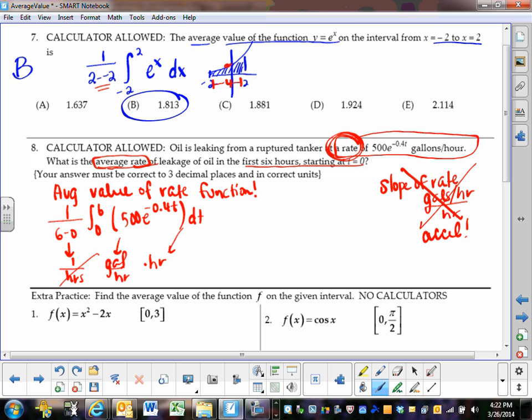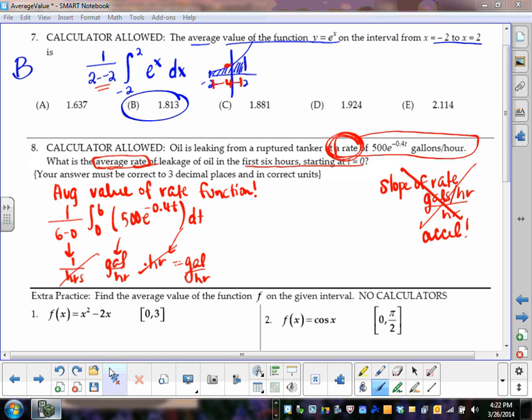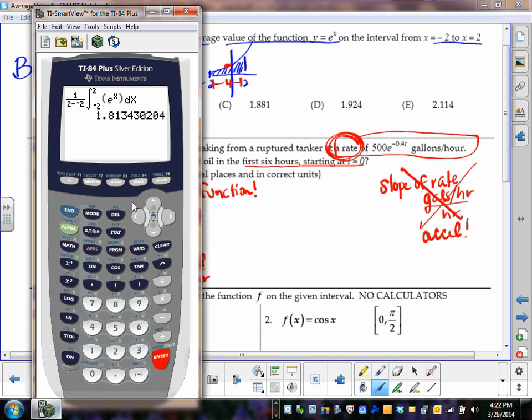So I in fact have these cancel and I end up with gallons per hour, which is what I want. I don't want gallons per hour squared. So I'm going to go into here. This is a little bit more of a complex function, so I am going to type that in.